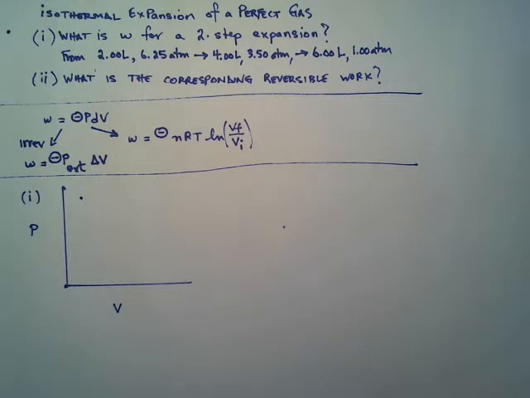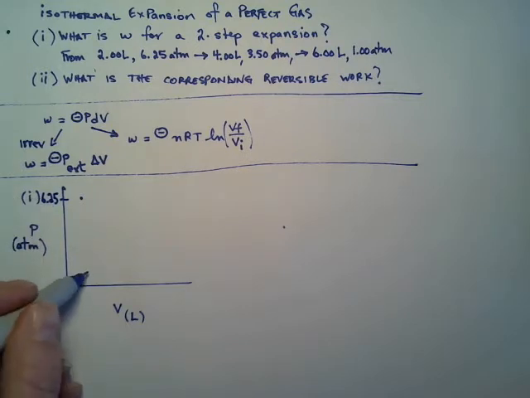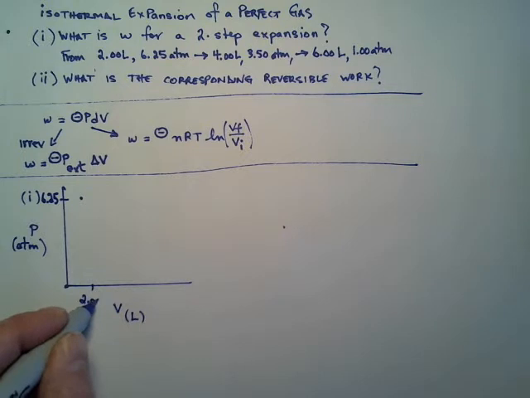If I look at the given, the starting point is 2 liters and 6.25 atmospheres. So my volume is in liters and my pressure I'm going to list in atmospheres. My first mark then is 6.25 for the pressure and my mark for the volume is 2.00.